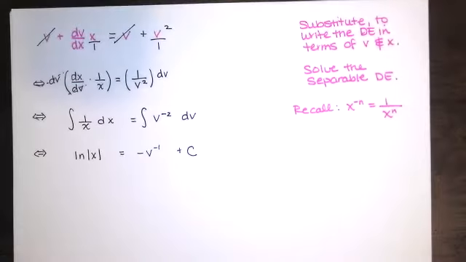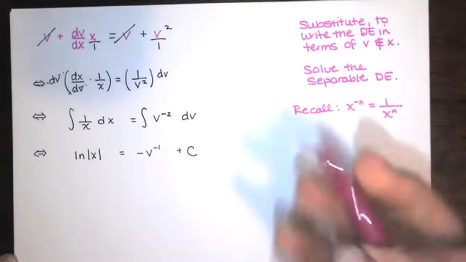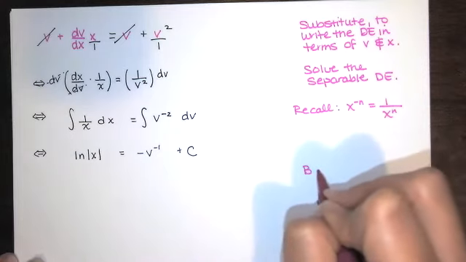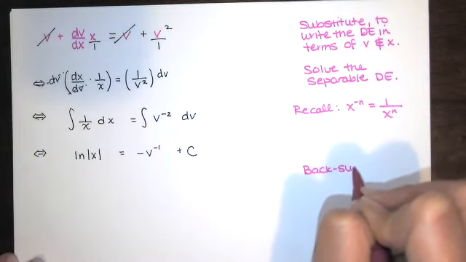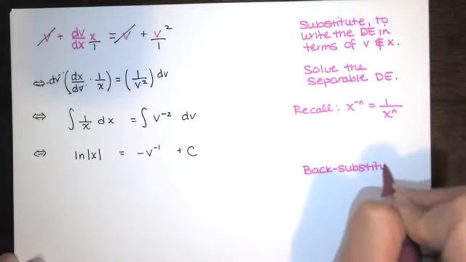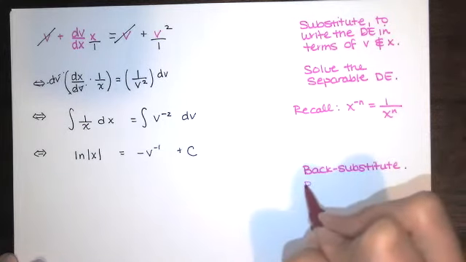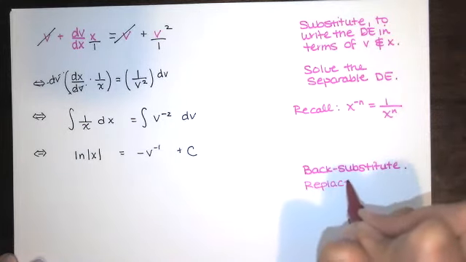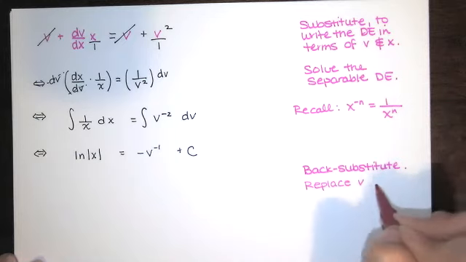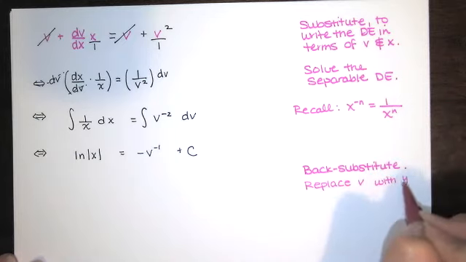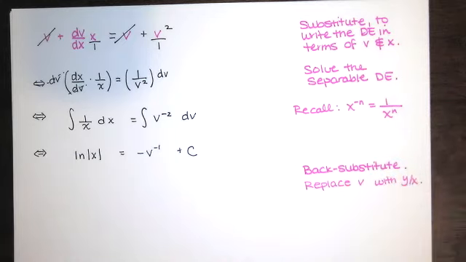And the last step is to back substitute. Don't forget, v is something that we made up so that we could solve this differential equation. So you're just going to replace v with whatever it was in terms of y and x. And by design, we chose for v to be equal to y over x.